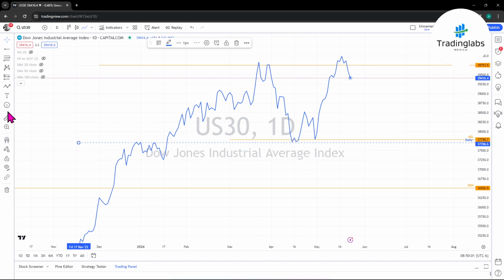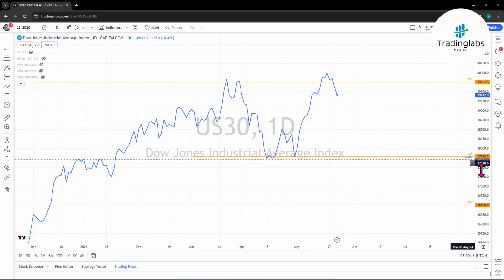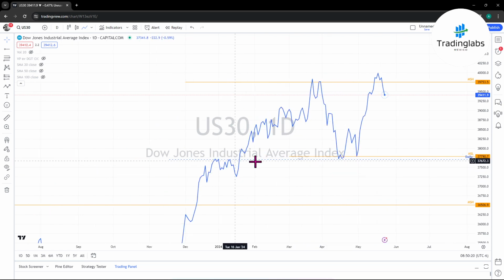You got it. This makes a daily support. Here was resistance, and here was the support in this area. So we know that at 37,000, at this price level, we have a support.